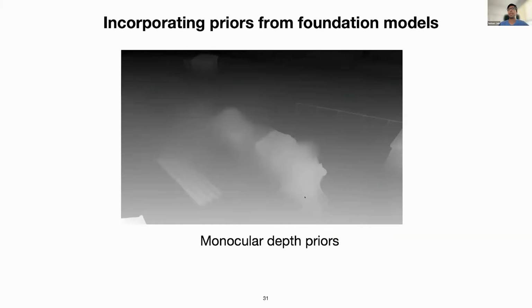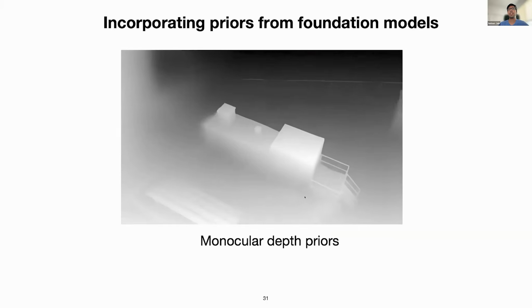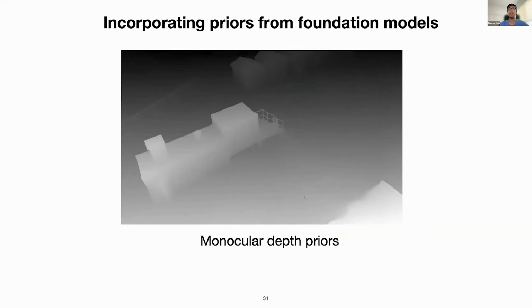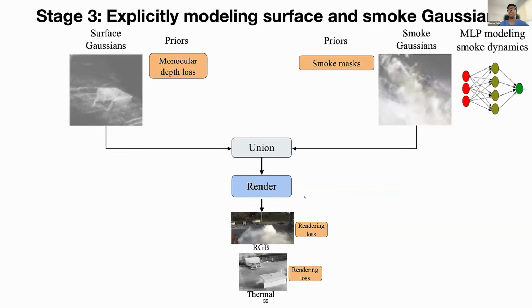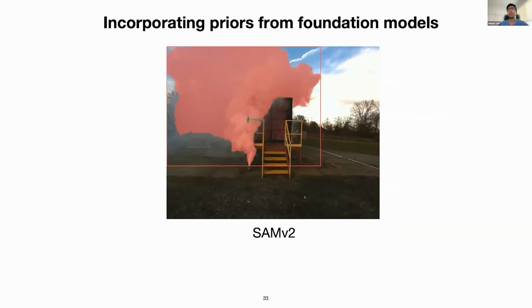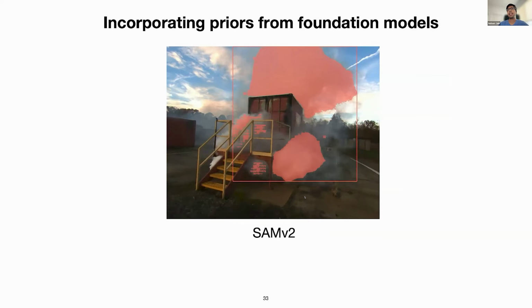Additionally, we place some priors on the surface Gaussians, such as the monocular depth loss. These are priors that we get from foundation models like Depth Anything V2. We also get masks for the smoke using SAM V2 or something like that.